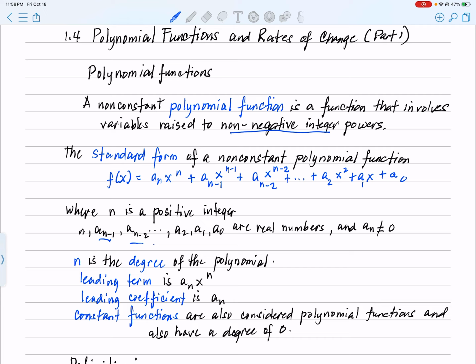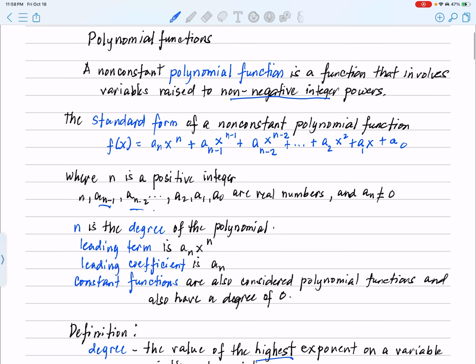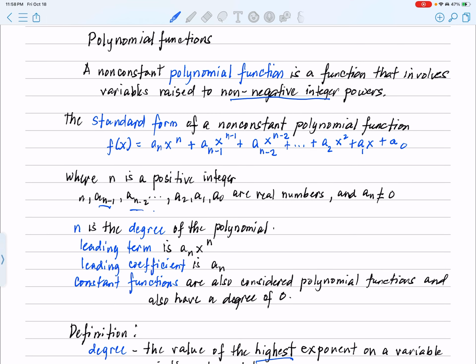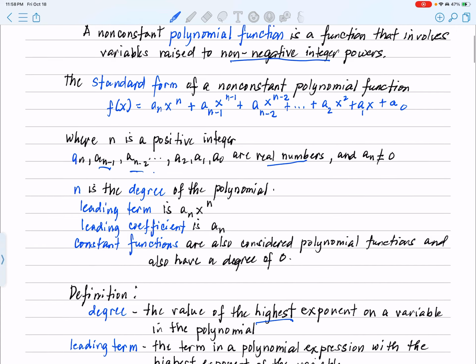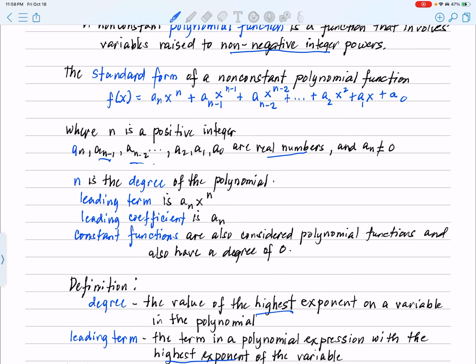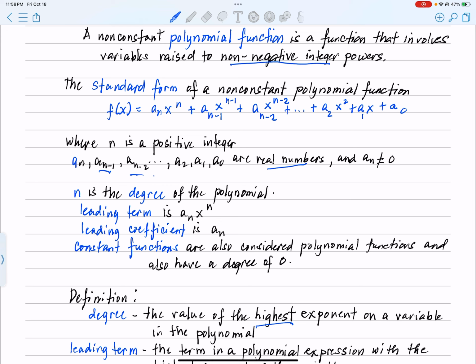Where n is a positive integer, and a sub n minus 1, a sub n minus 2, up to a sub 2, a sub 1, and a sub 0 are real numbers, and a sub n is not equal to 0. n is the degree of the polynomial.